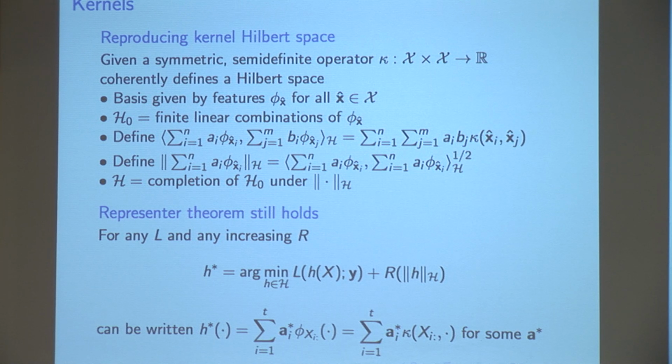But it basically says the same thing: if I have a space of functions described in this implicit feature representation, and I have the same kind of optimization problem expressed there, where this notation just means the same kind of Euclidean norm in that Hilbert space, then the solution can always be rewritten as a linear combination of the implicit features, where the implicit features are expressed in terms of the kernel similarity function.